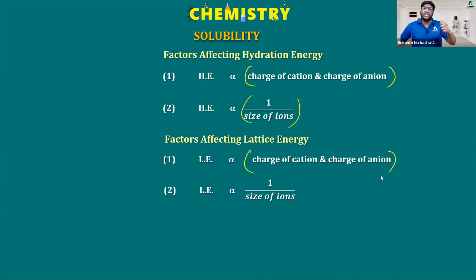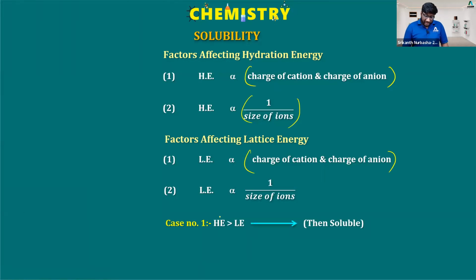Then how to decide which is dominant? If lattice energy is dominant, then solubility is less. If hydration enthalpy is dominant, then solubility is more. How to decide which is dominant? That is decided based on the type of ions.